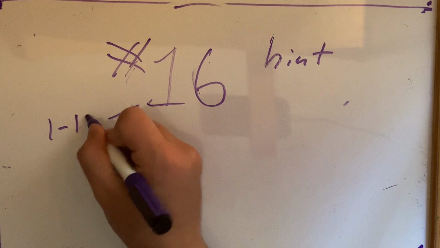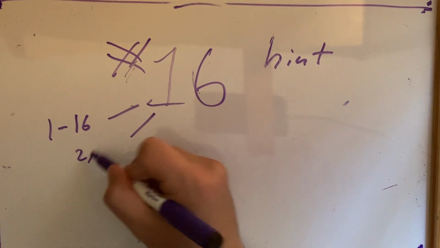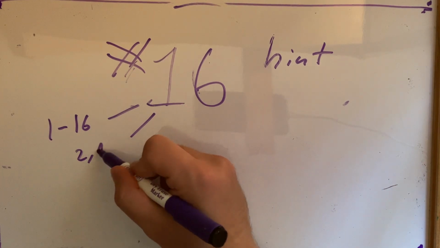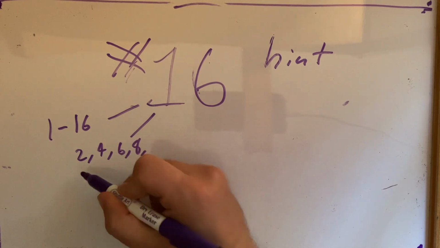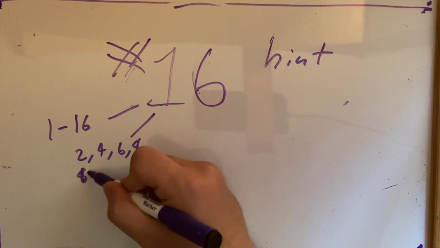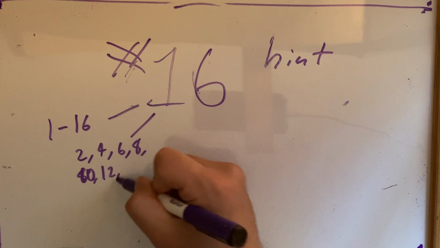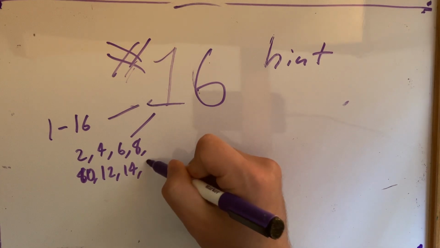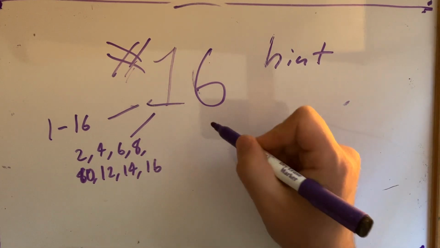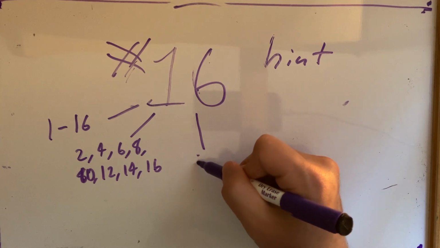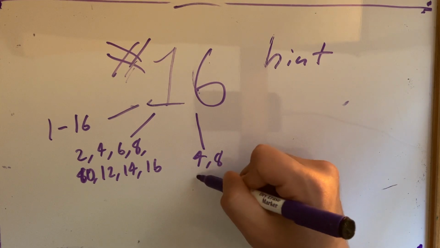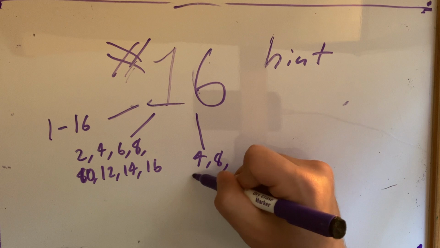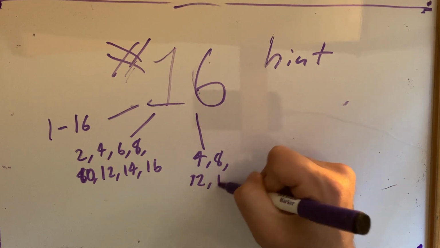So we got 1 through 16, right? But we also got eighths: 2, 4, 6, 8, 10, 12, 14, and 16. And then we get quarters: 4, 8, 12, and 16.